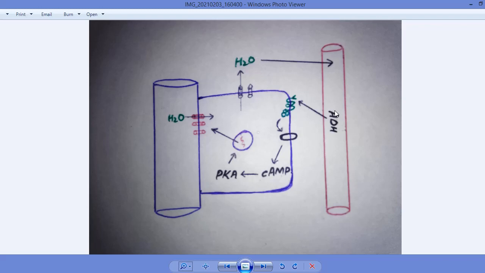So when the ADH is secreted, the ADH leads to the decreased volume of urine, or decreased volume of water inside the urine which is collected after the high concentration of ADH in the blood. The urine will have a low volume of water because a large volume of water will be absorbed through these aquaporin 2 channels.